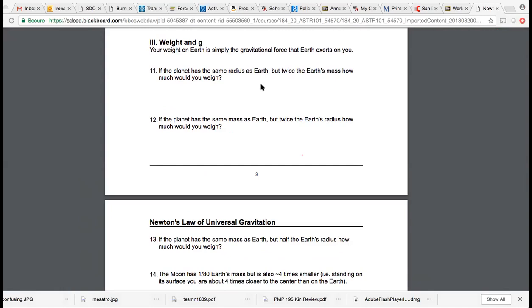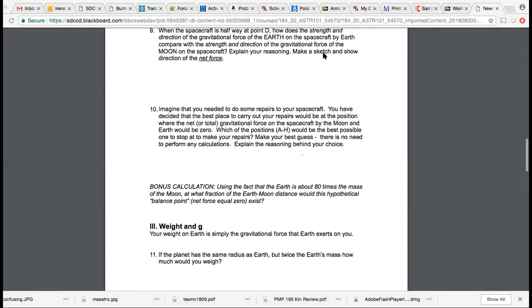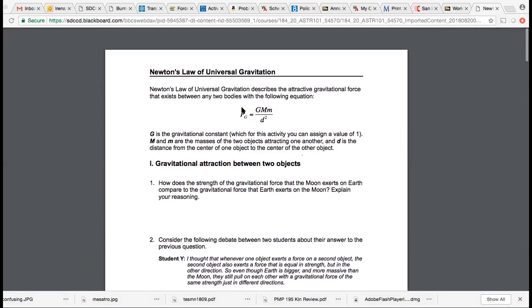I don't know either. So now your weight, what is the weight? The weight is simply the gravitational force that Earth exerts on you or me, okay? So going back over here, it's the same force. But just now you don't have the Earth and the Moon, but you have what? The Earth, and then you have yourself, yes? Yes.